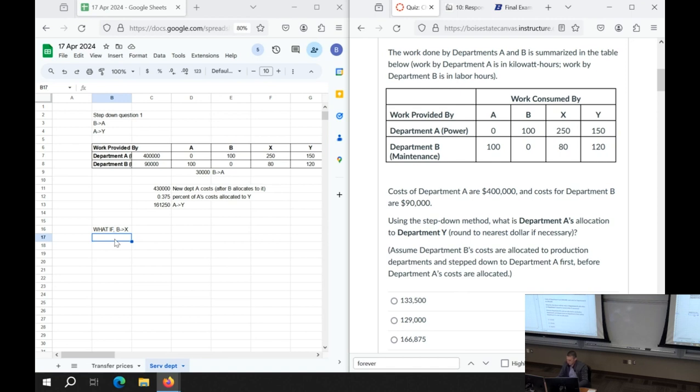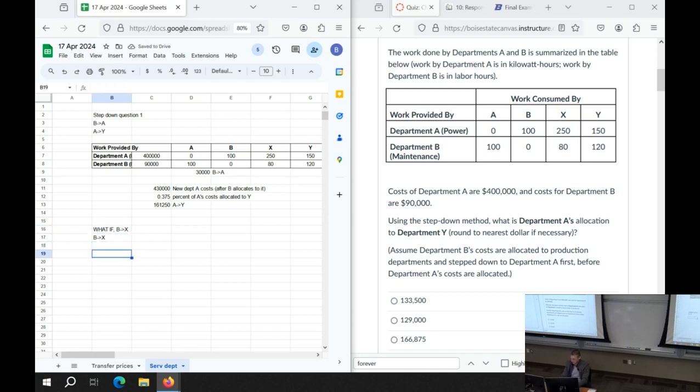And so what we need to do is find B to X. We don't care about anything with regard to what A does. I said A, so I typed A. So we need to take simply this 80 over the total amount of work done.